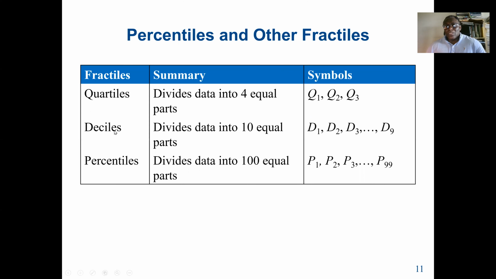Deciles mean 10. So we divide the data into 10 equal parts, and you get D1 to D9. We don't say Q4 last. Q4 will be the last value. D10 will be the last value, which we already know. So we only go 4 equal parts, Q1, Q2, Q3. Then percentile means 100. So it will start from 1 to 99. P1, P2, P3, up to P99.